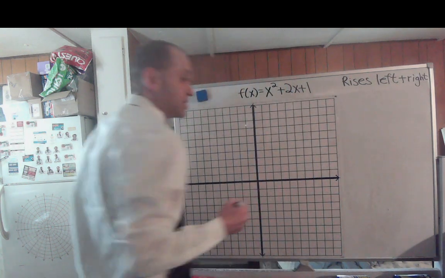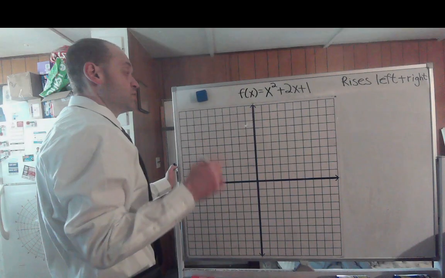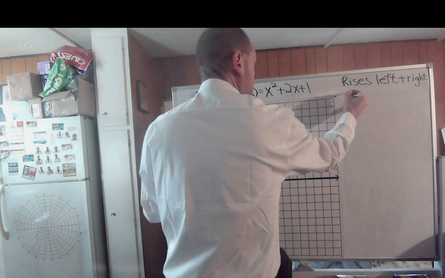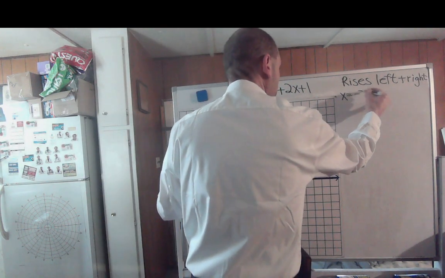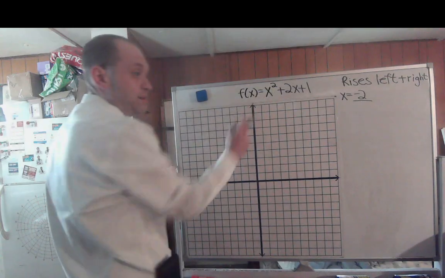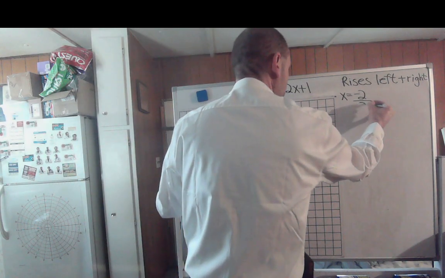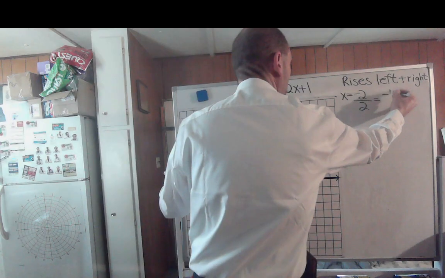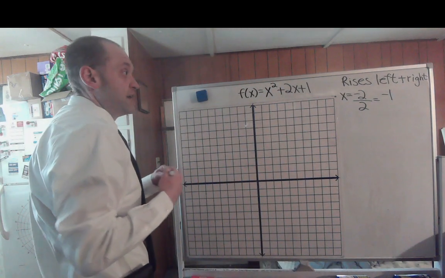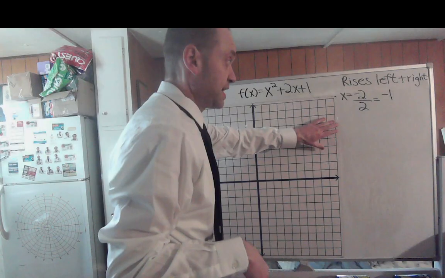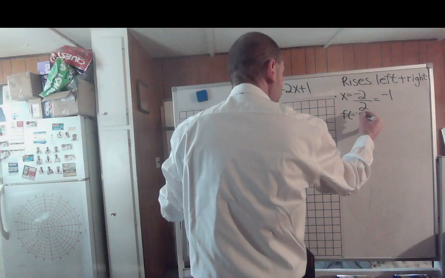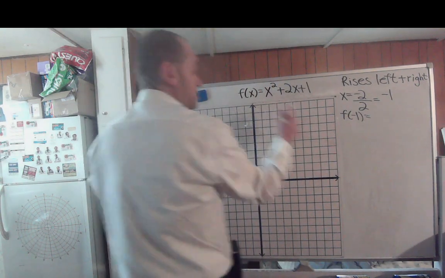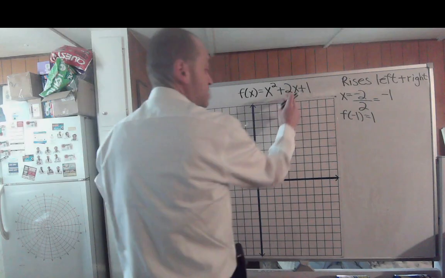Next thing is your vertex. The x-coordinate of the vertex equals the negative of b, which would be negative 2, over 2 times a. That'd be 2 times 1, which is 2. So your x-coordinate is negative 1. Now to find the y-coordinate of the vertex, let's make this f of negative 1. Well, negative 1 squared is 1, plus 2 times negative 1.